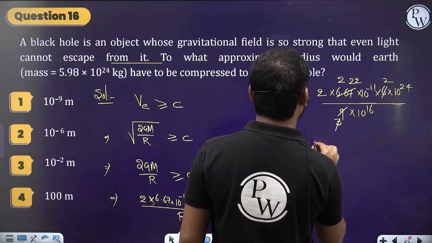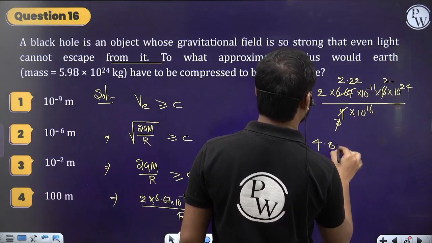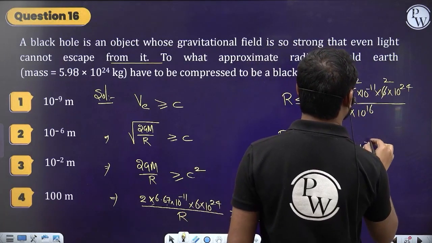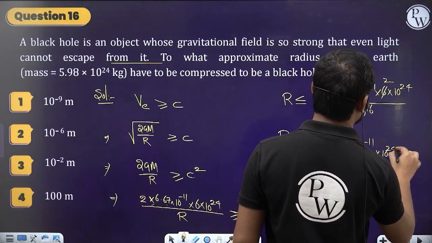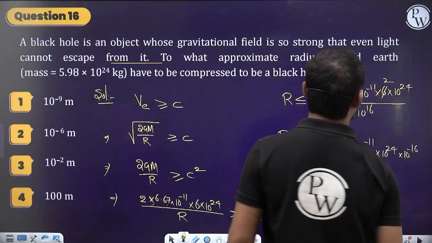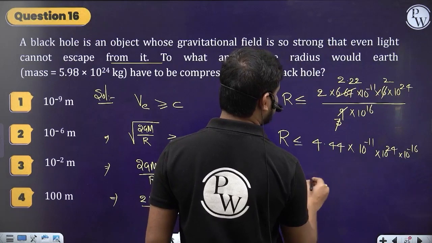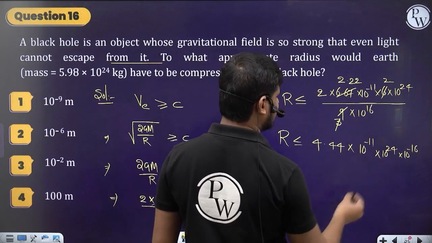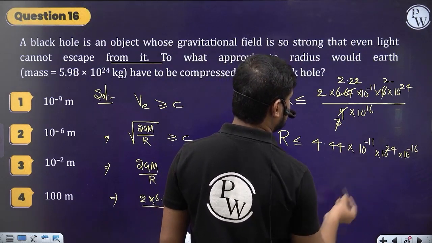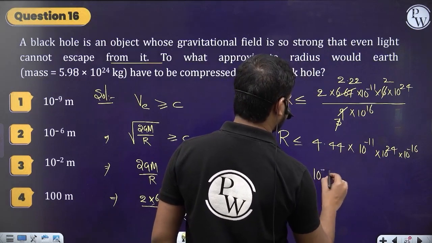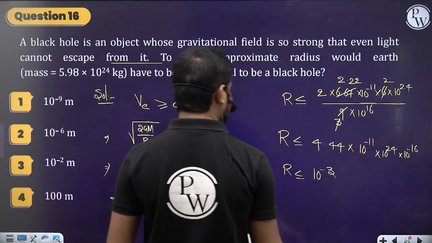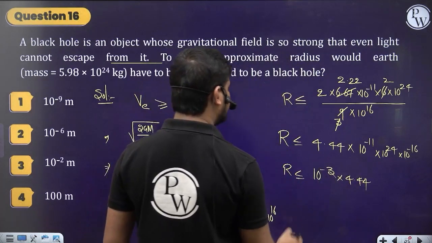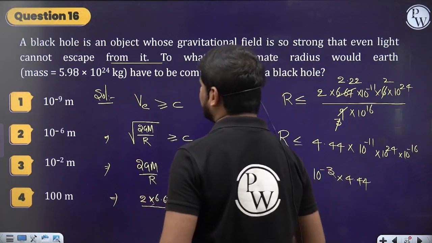So r is less than about 4.44, something like that, into 10 to the power minus 11 times 10 to the power 24 times 10 to the power minus 16. That is 10 to the power minus 27 plus 24, which is 10 to the power minus 3. So approximately r should be less than 10 to the power minus 3.